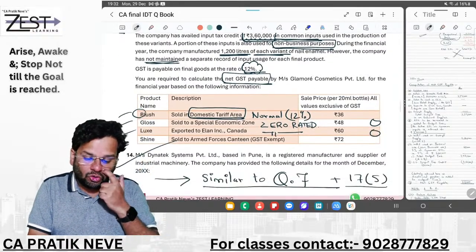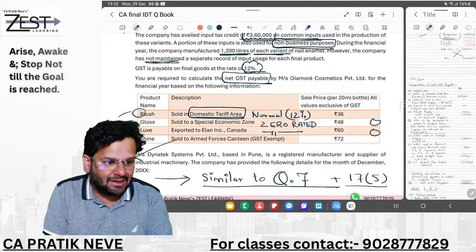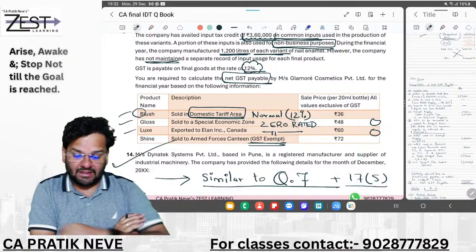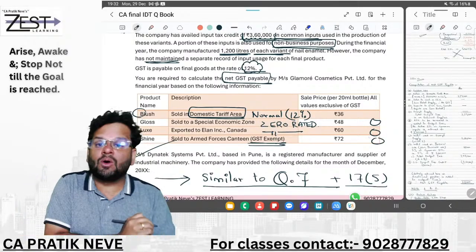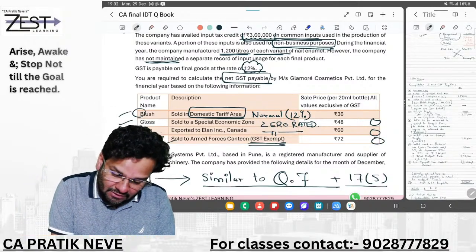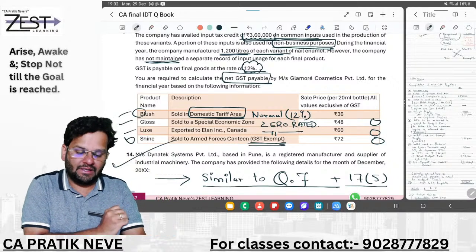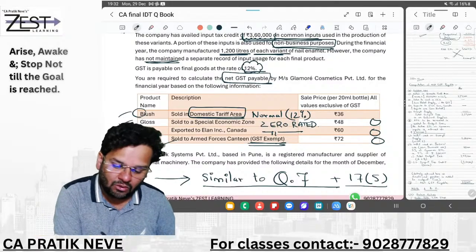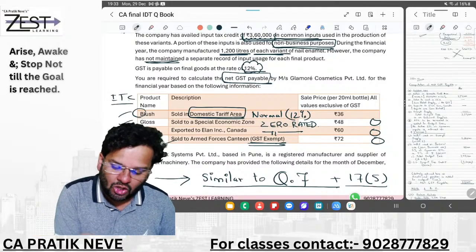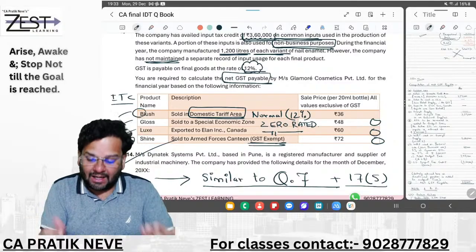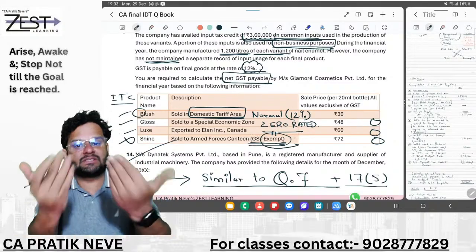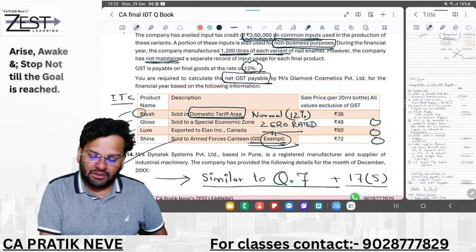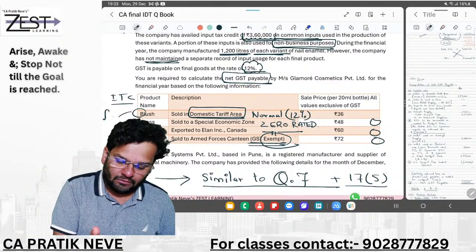But sold to the armed forces canteen where the GST is exempt, here again there will be no output tax, but ITC will not be allowed. Clear? Why will ITC not be allowed? Because it is not allowed to the extent used in exempt supply. Obviously. So don't allow. But for these three, you can allow.